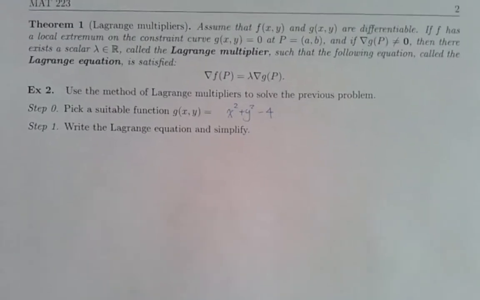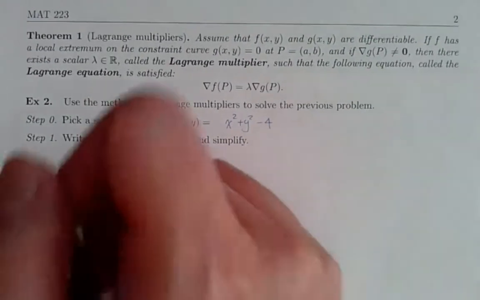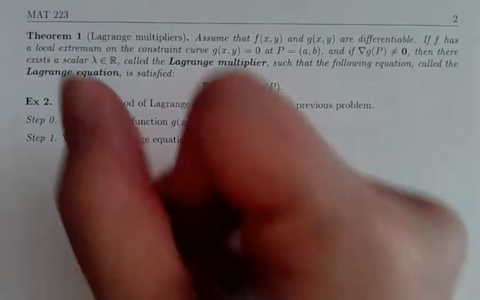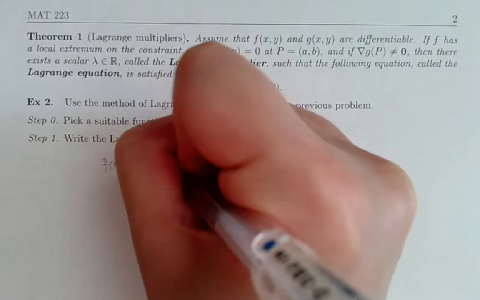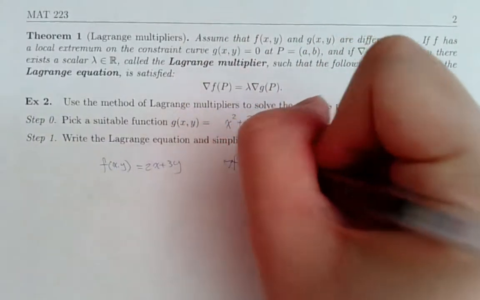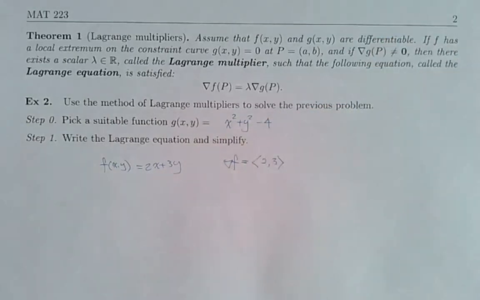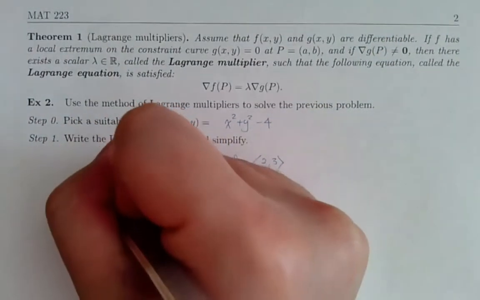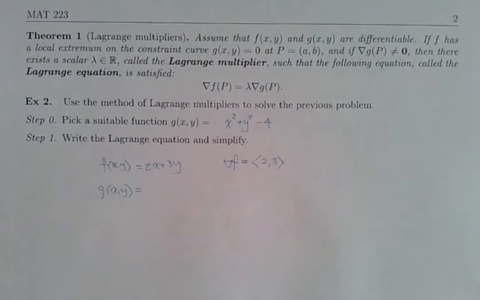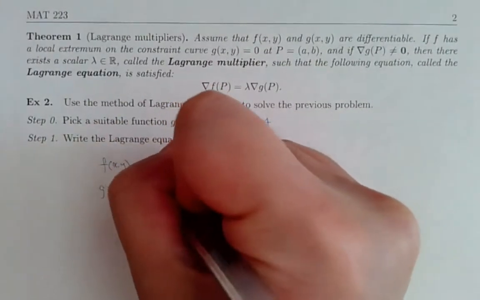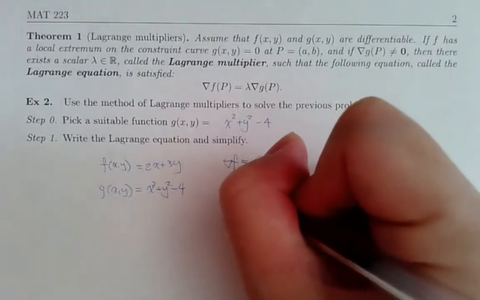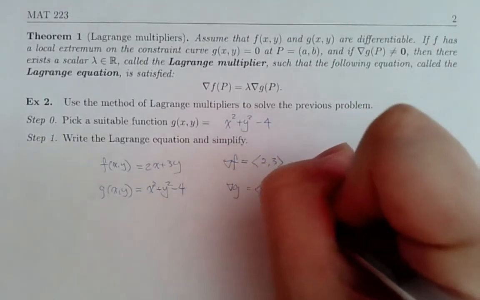So let's write out, since it's on the previous page, let me write it out first. f is 2x plus 3y. And so then the gradient of f is 2 comma 3. And g, just for symmetry, even though I have it up there, let me write it here anyway. And then the gradient of g is 2x, 2y.